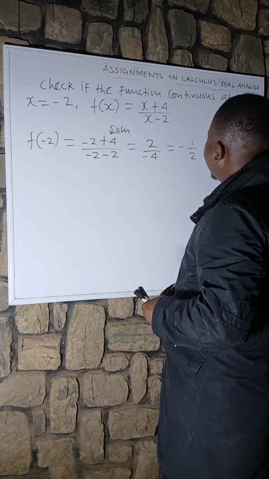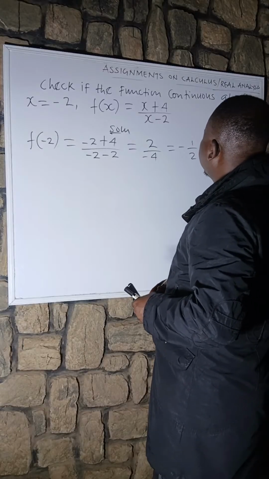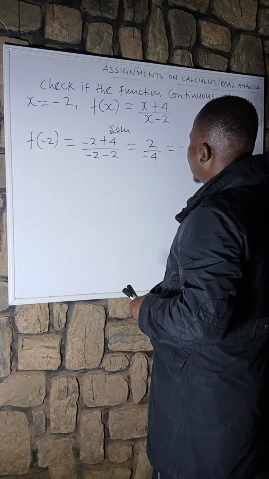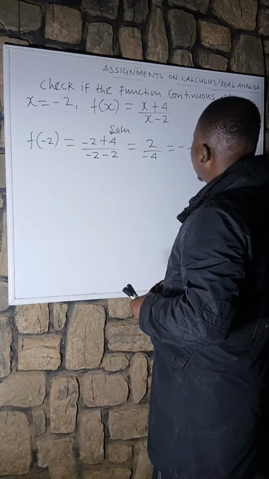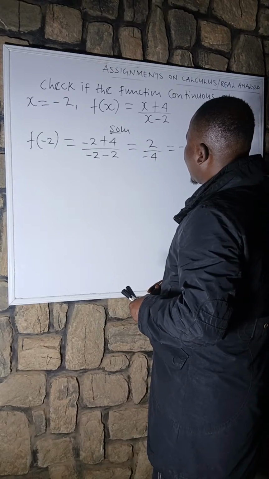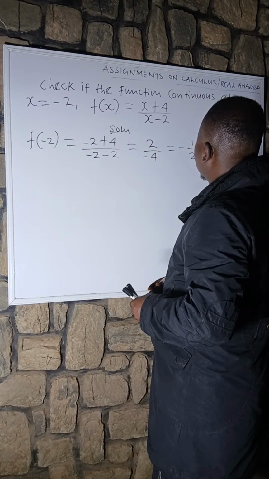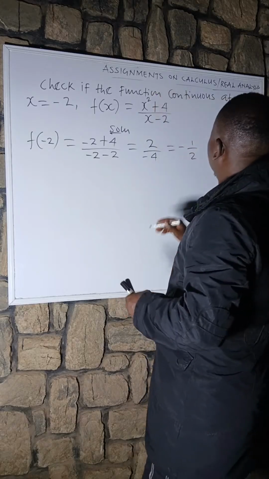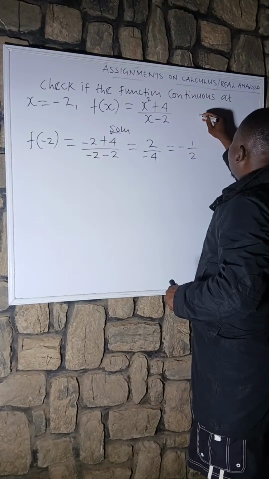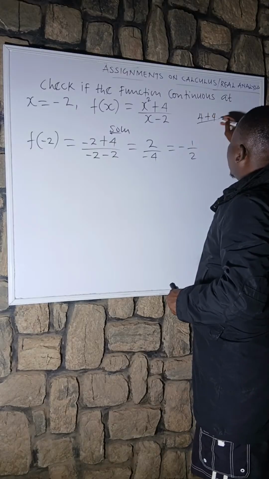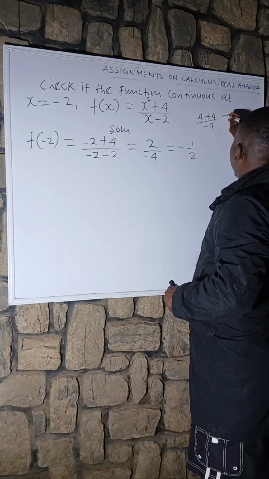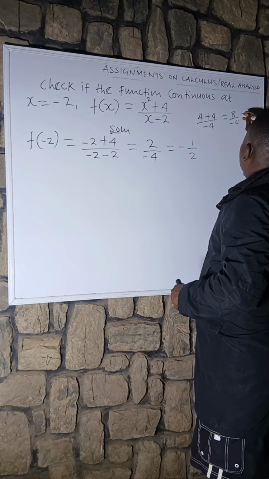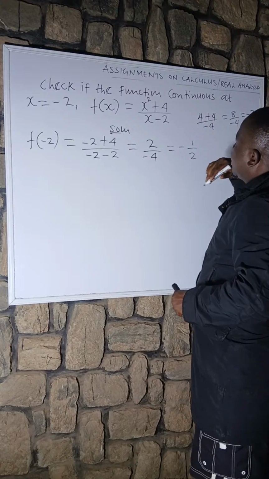But I think here, is it minus 4? Here is squared, if I'm not mistaken. If it is squared, here will be 4 plus 4 all over minus 4, which is 8 all over minus 4. This is minus 2, right?